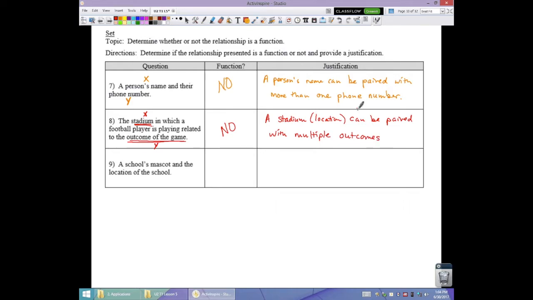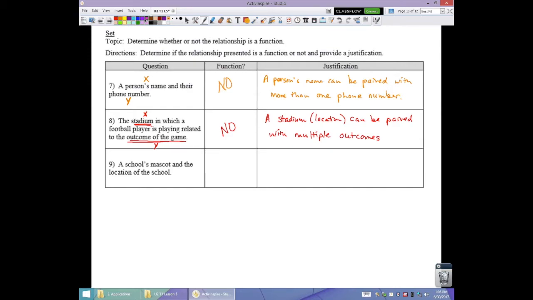Number 9, school's mascot and the location of the school. Think of that as our mascot is the Bears. Is having the school mascot be a bear, is that assigned to just one location of a school? Does every bear assigned to Briggs Cheney Middle School?